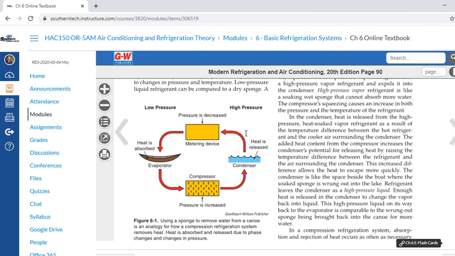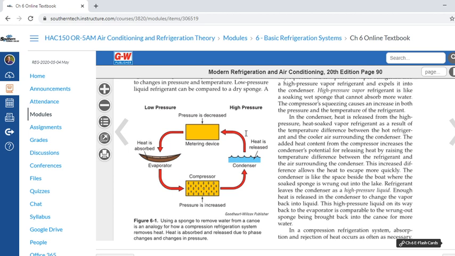The refrigerant leaves the compressor and it is full of heat at this point, heat that it's recovered and manufactured in the compression cycle. And at that point, the heat is going to be released by squeezing that sponge and getting rid of the heat.